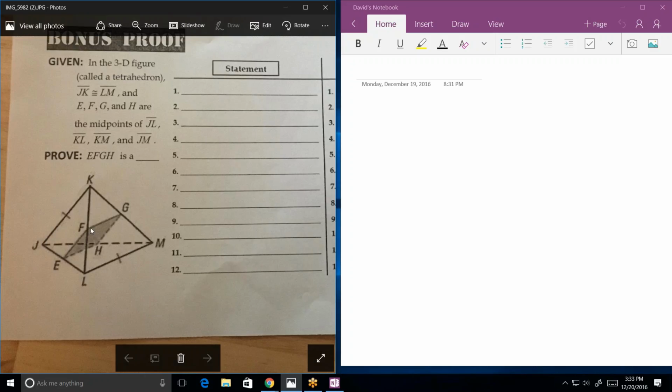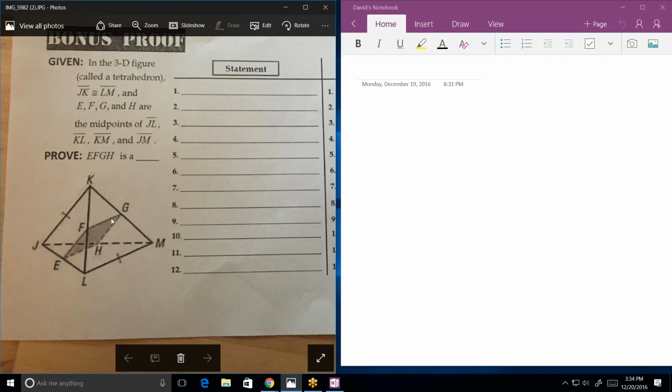Now look at FG and look at triangle LKM. What is FG in that triangle? A mid-segment. Therefore, it's equal to half of LM. Well, LM is the same as JK. Therefore, we've just proven that EF is equal to FG.